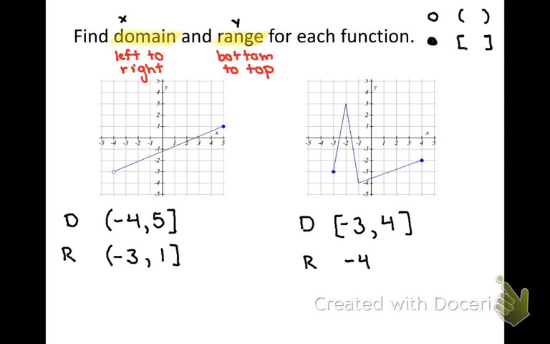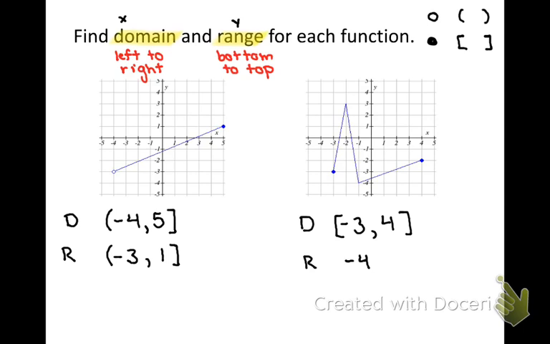Now, another thing to talk about is that there's not actually an open circle or a closed circle at this y value of -4. This y value of -4 is simply part of the graph. It is a point on the graph, so they don't bother to make any kind of extra notation of open circle or closed circle.